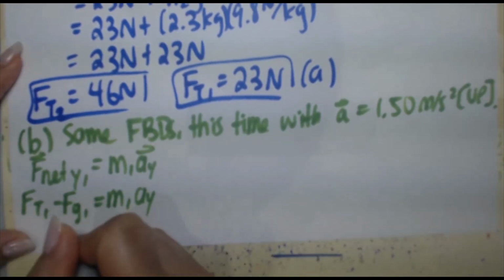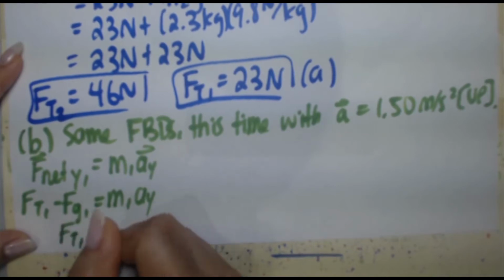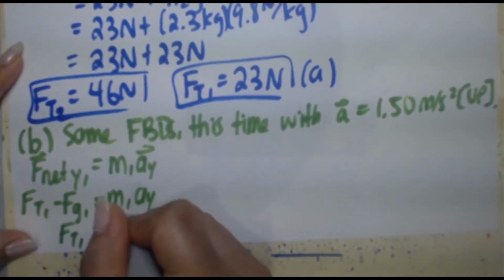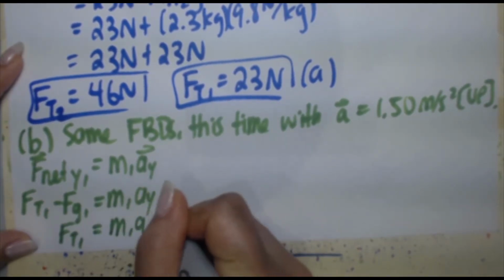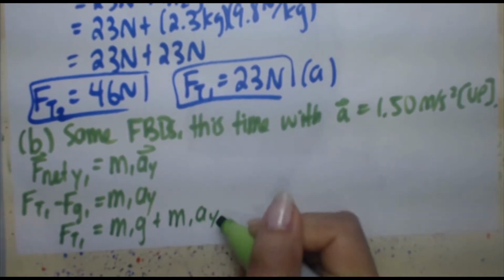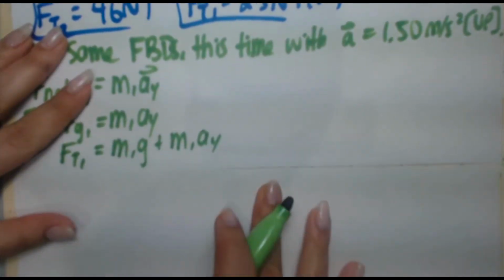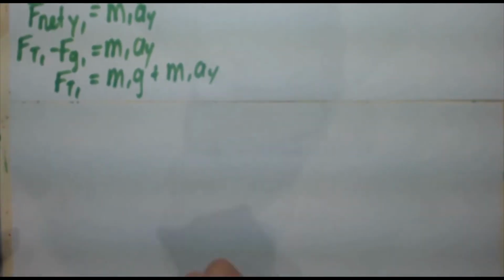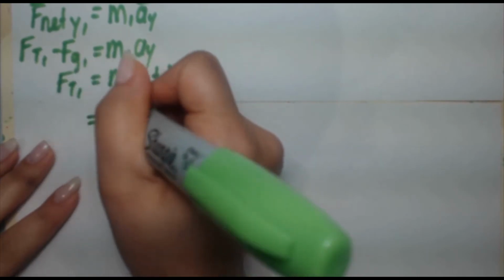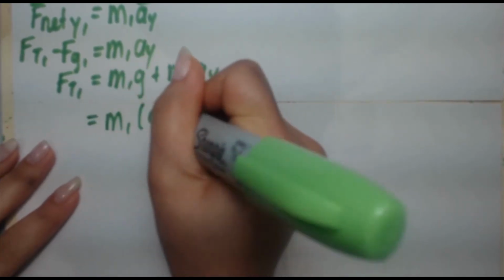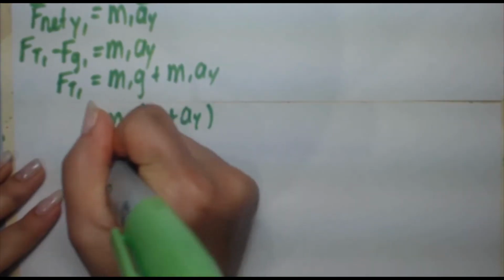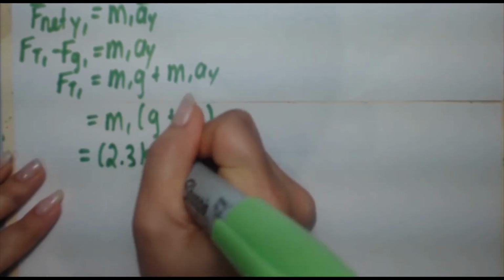Okay, we're solving for tension, so I'm going to do Ft1 equals Fg1, which is M1G plus M1 AY. Okay, now hopefully you can see that we're able to factor out the M1. So if we factor out M1, we get G plus AY. Okay, M1 is 2.3 kilograms.